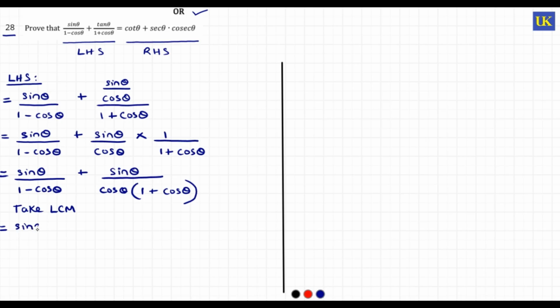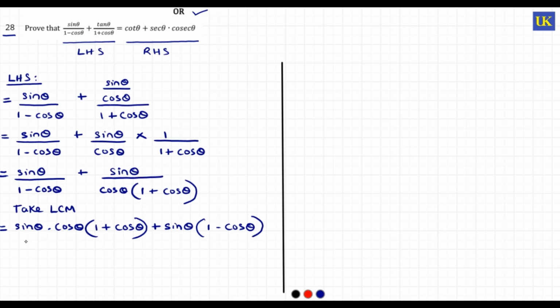So sine theta into cos theta in the bracket 1 plus cos theta, plus this one sine theta into this 1 minus cos theta.